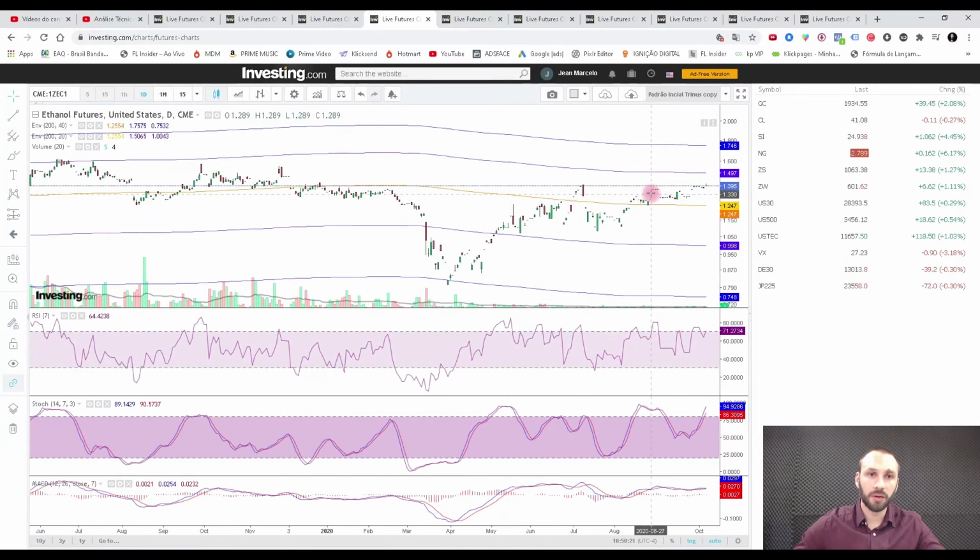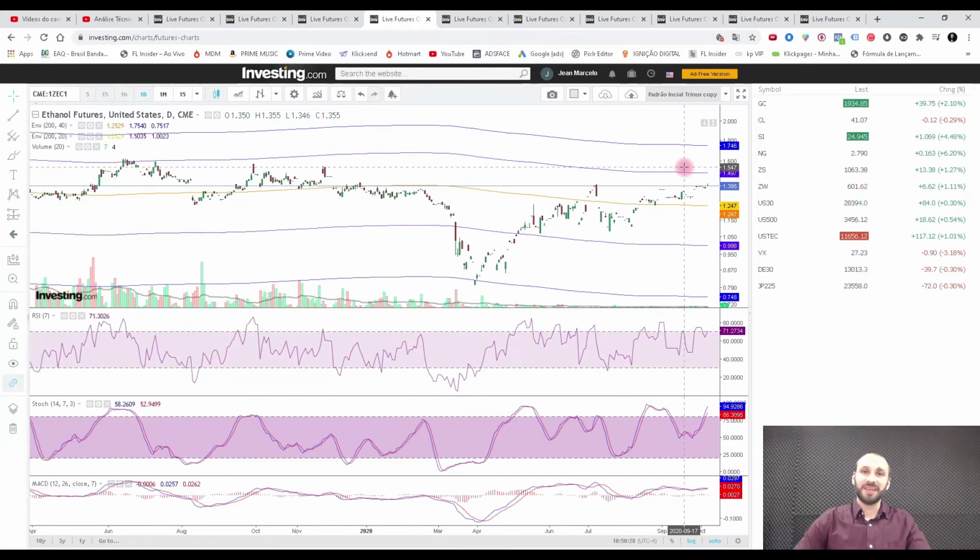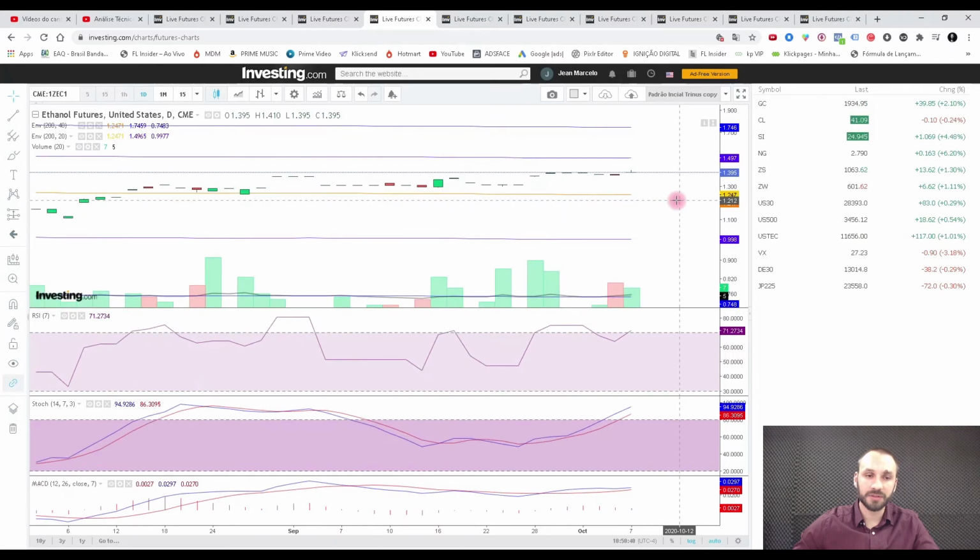Ethanol in the United States. Today, almost every agriculture commodity tells us it's a very good moment to sell. But let's study. Right now, the relative strength index is above the superior parallel line.